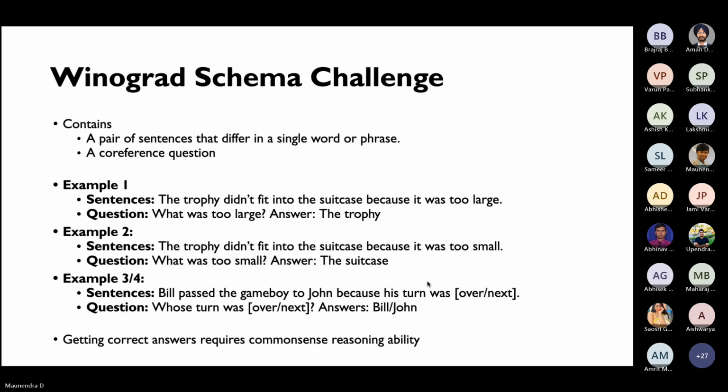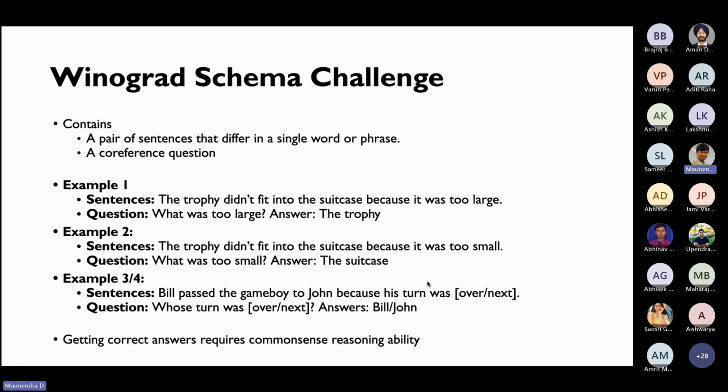Now that is one very related task, the Winograd Schema Challenge. This is a very difficult task for automated systems to handle, and many of the modern embedding models or foundation models are evaluated on the Winograd Schema Challenge. In the previous lecture, we talked about RTE, textual entailment.